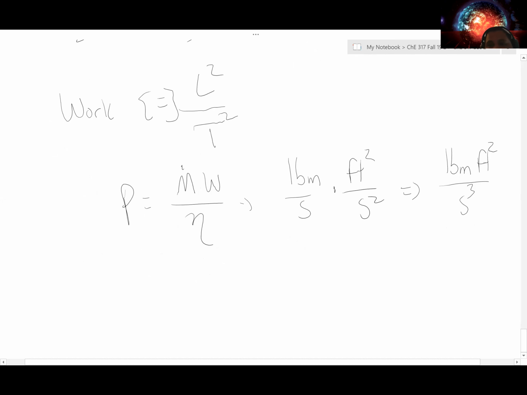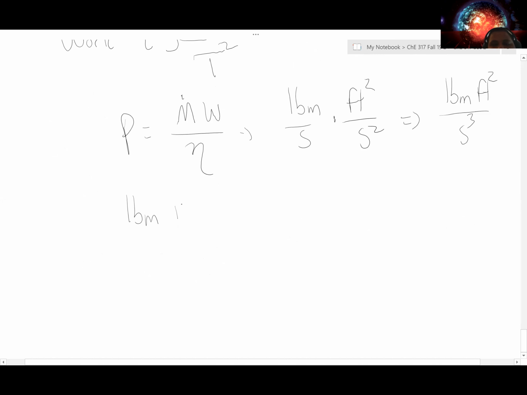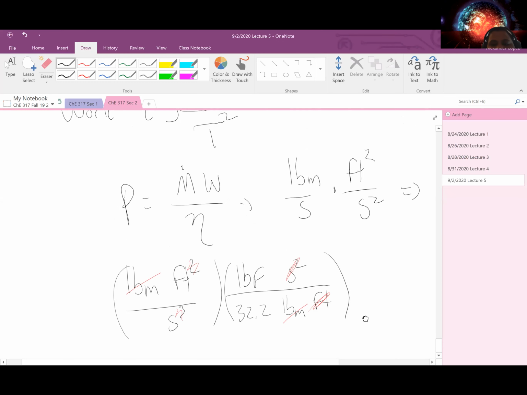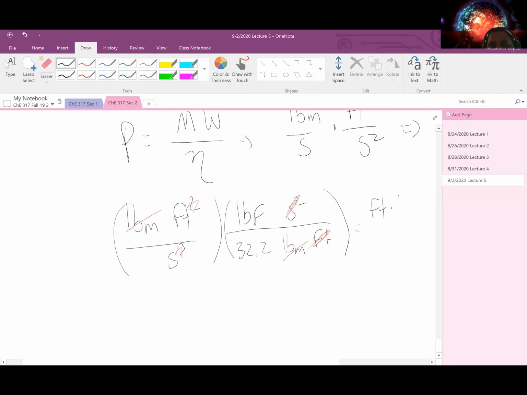Now, if you divide by G sub C, which is that 32.2 pound mass foot per pound force second squared, your pound mass goes away. Your foot becomes a single foot, your second squared goes away, and you're left with a single second. Then you're left with foot pound force per second.